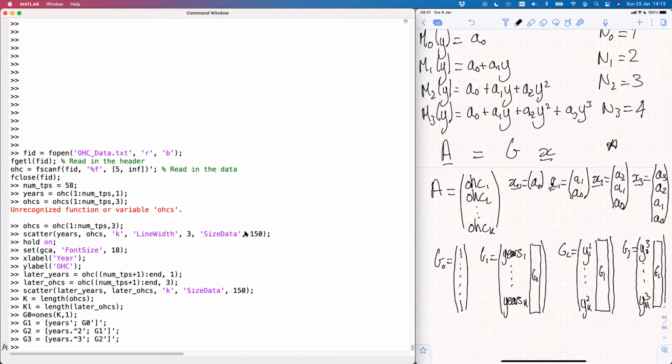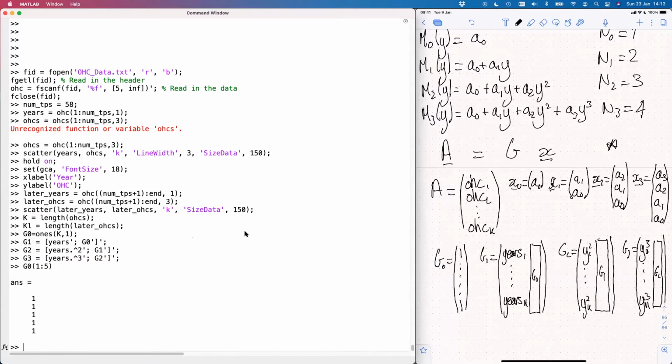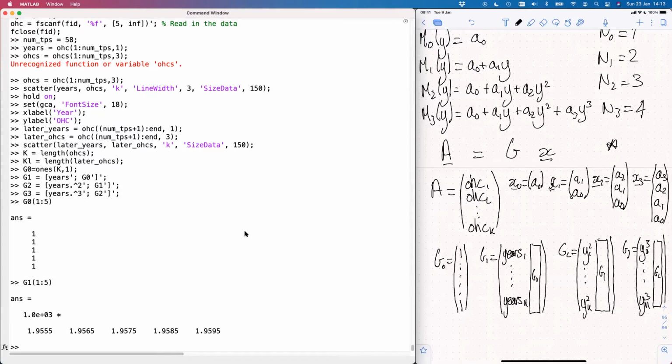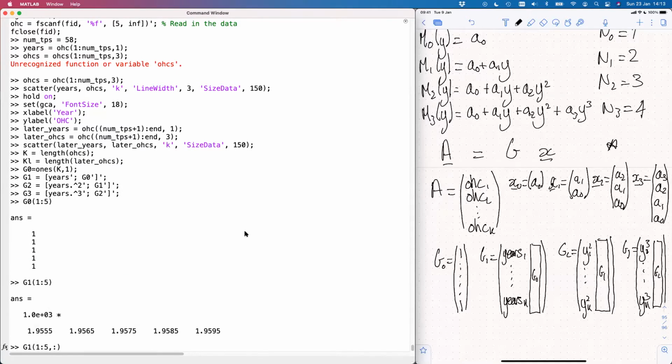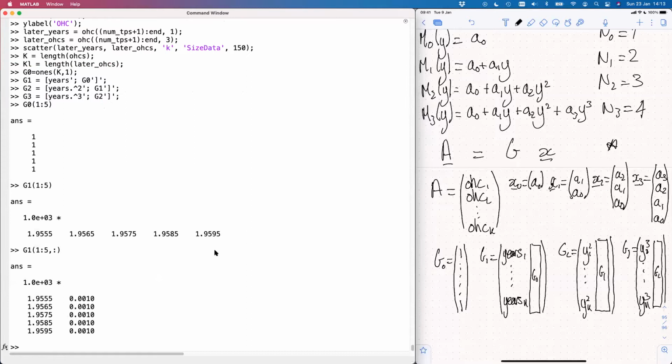Let's just have a quick look at those to sanity check. Just show the first 5 rows of G0, which should just be ones. G1 should have the years in the first 5 rows, there we go. So it should have the years in the first column and then just ones. This is all times 1,000, of course, so I've got 1955 and then 1.